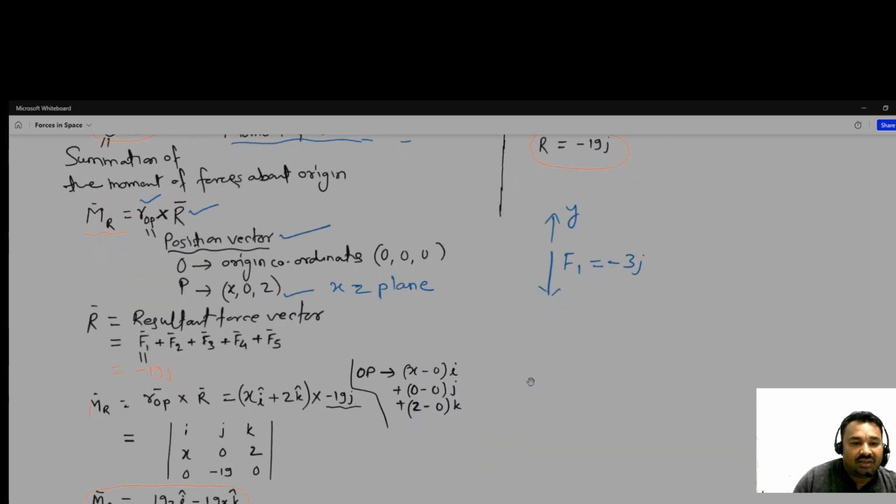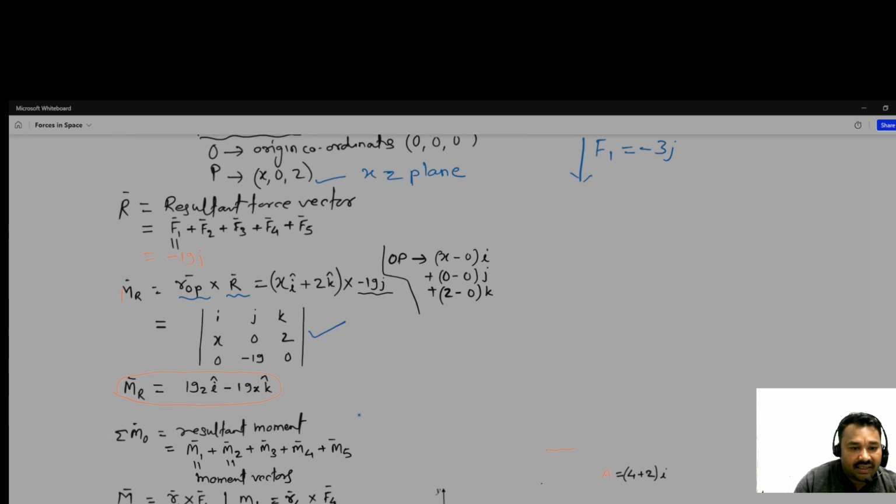In this way all the forces we found out. Then the moment of resultant, finally after getting the position vector and the resultant, we multiplied, means there is a cross product, and through the matrix we get this.